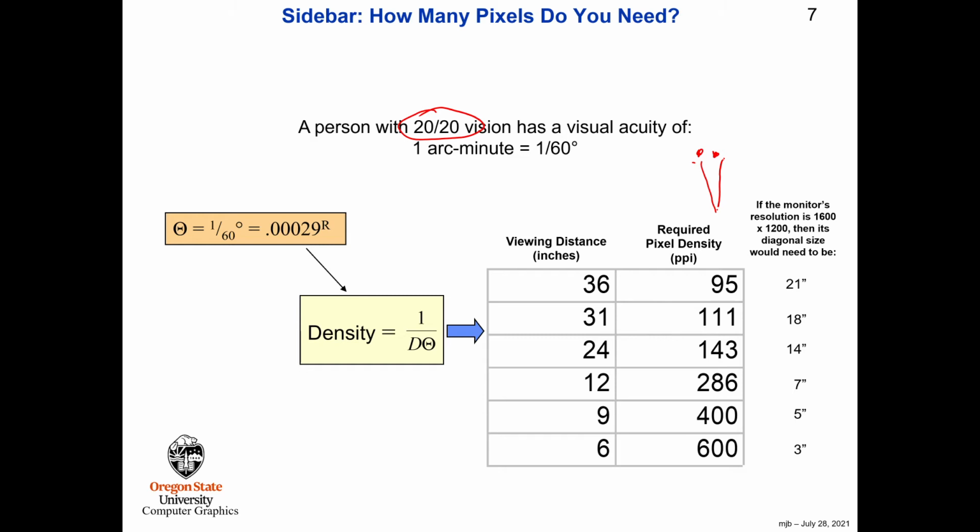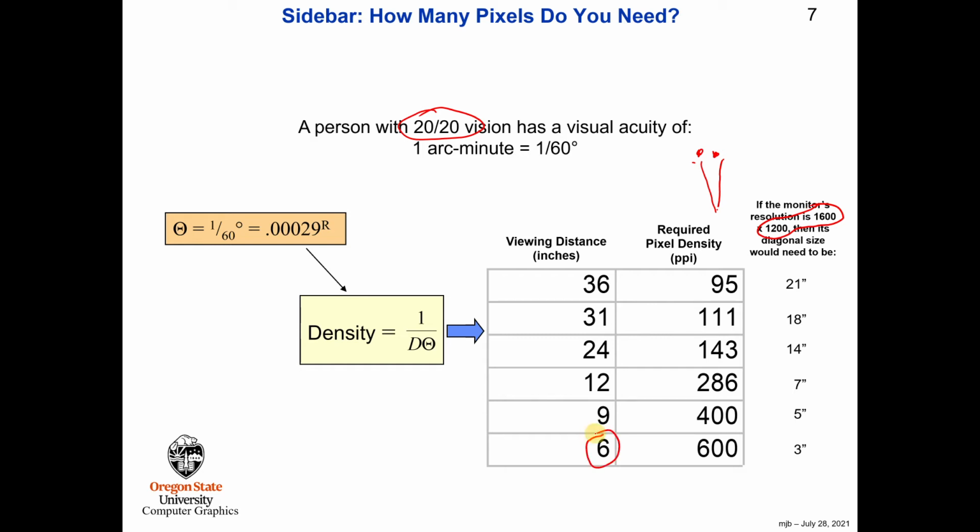And so really you can kind of figure this out with pixels. Pretend instead of dots, those are pixels on the screen. Well, if a monitor has, say, 1600 by 1200 resolution, this is the required pixel density that you would need if you were really close.